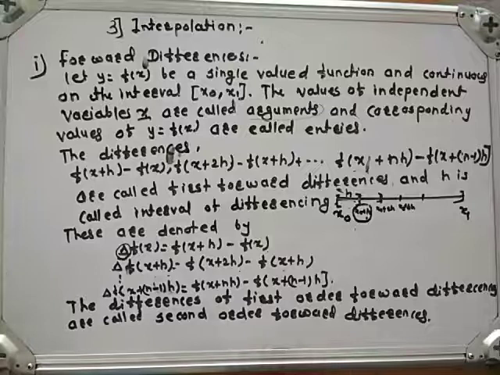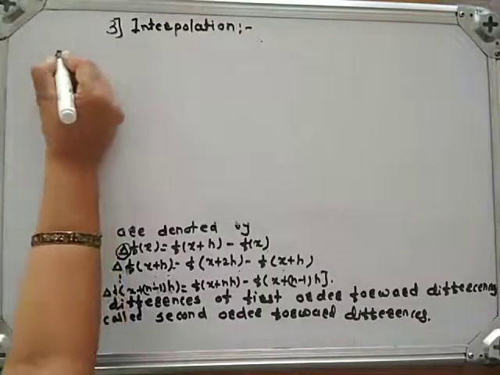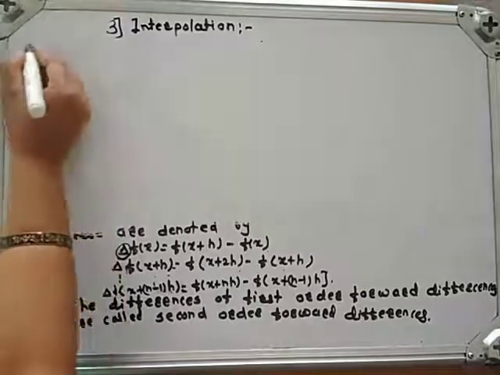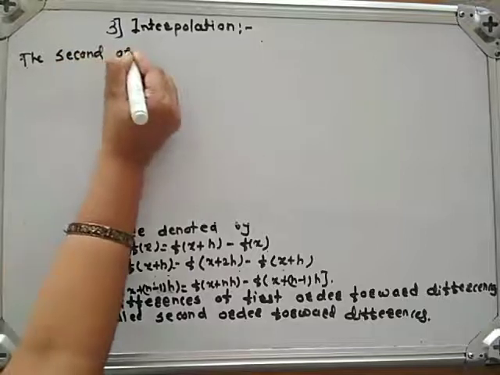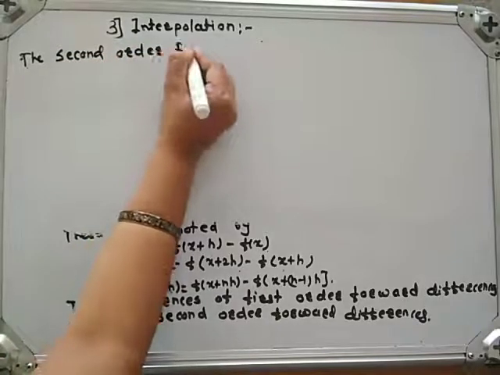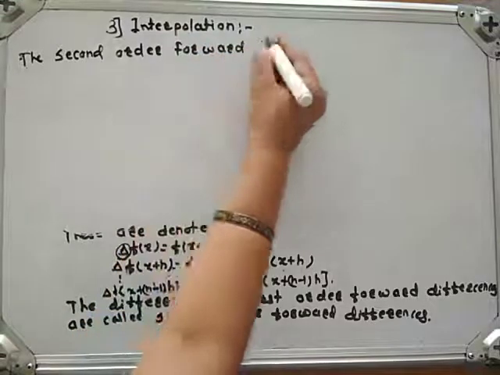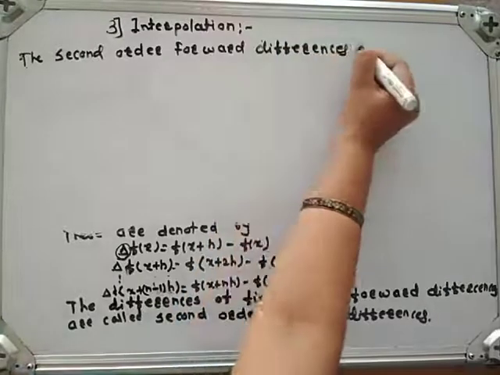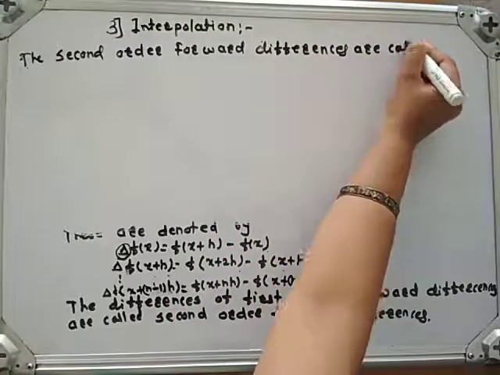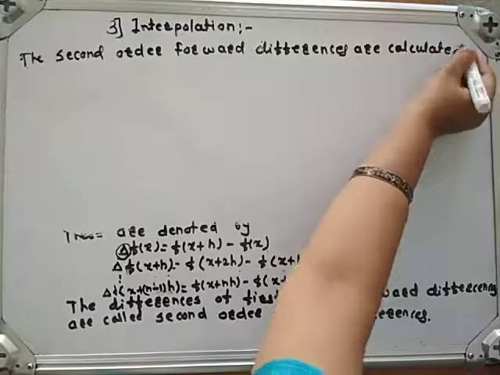The differences of first order forward differences are called second order forward differences. The second order forward differences are calculated as follows.